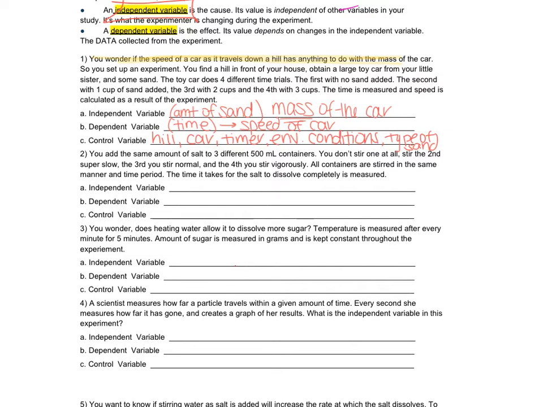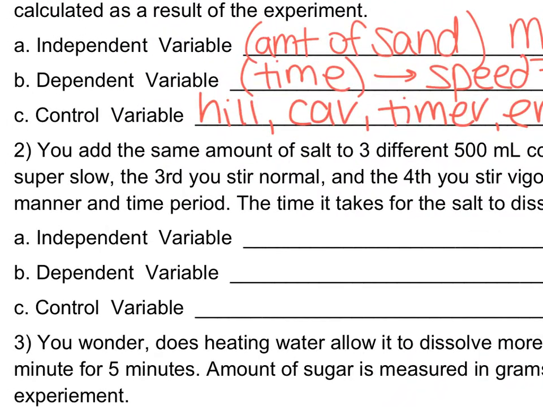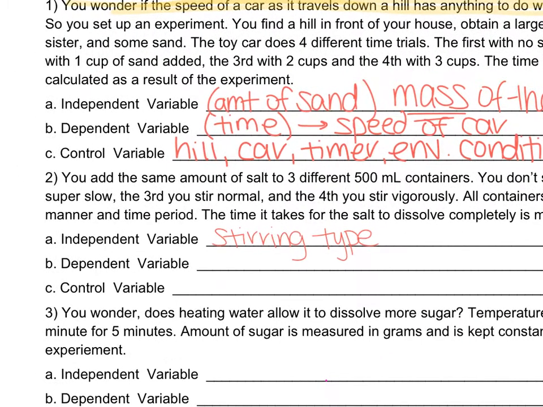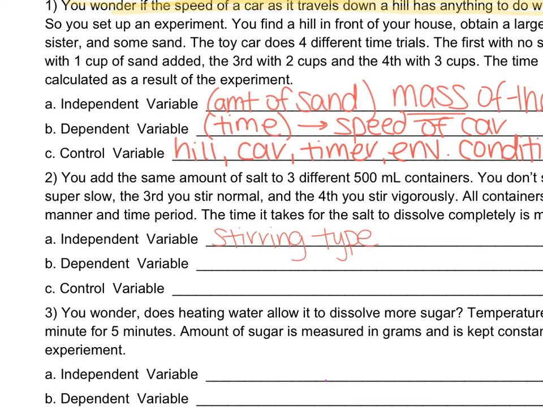Okay, so what is changing here, which is my independent variable, is the stirring type. So that stirring type would be whether you're going to stir it at all, maybe you're going to stir it regularly or really vigorously, which just means you're going to stir it really, really fast. The dependent variable, which we are going to measure then, is going to be the time that it takes for the salts to dissolve.